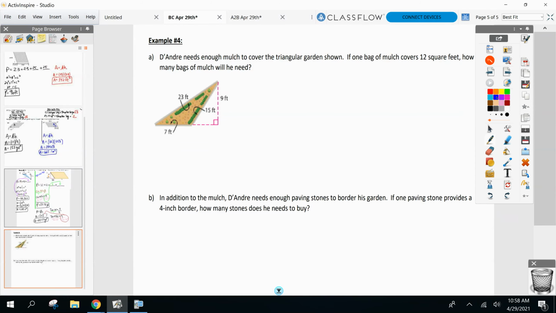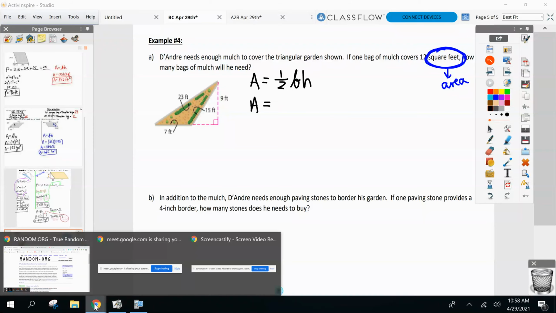Anytime the units are squared, I need to figure out the area. It's a triangle, 1/2 base times height from today. Let me turn it over to you guys. There's a lot of numbers up there I threw at you, but only 2 represent the base and the height.